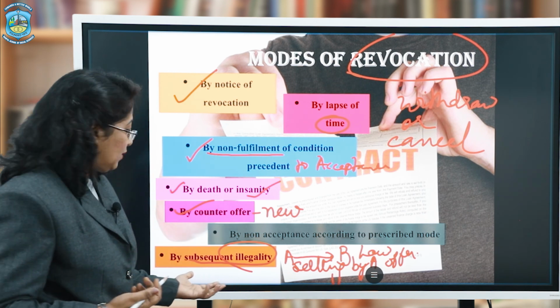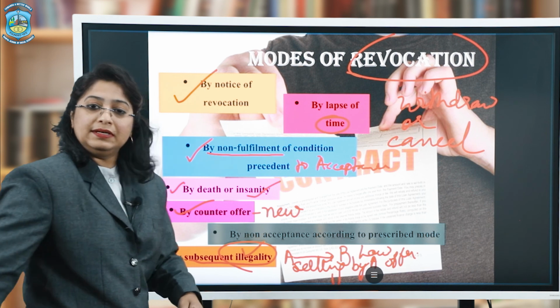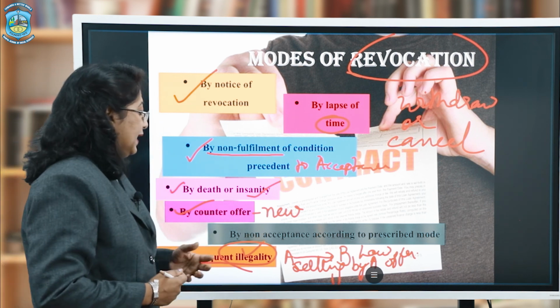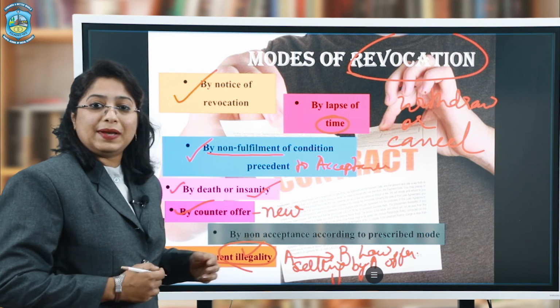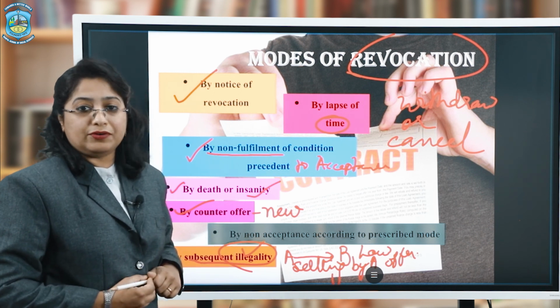So acceptance also becomes illegal in this case. So we can say by subsequent illegality as well, acceptance can be revoked.